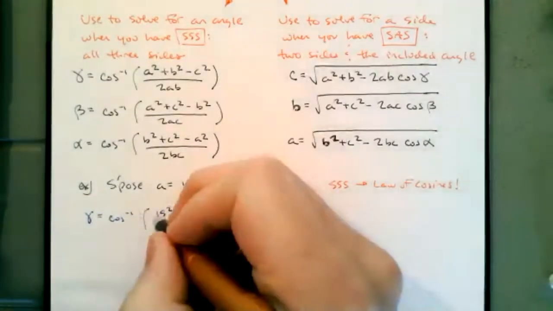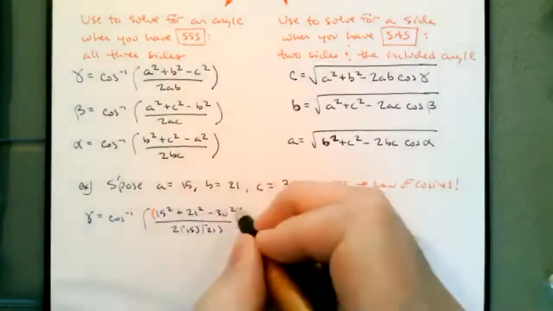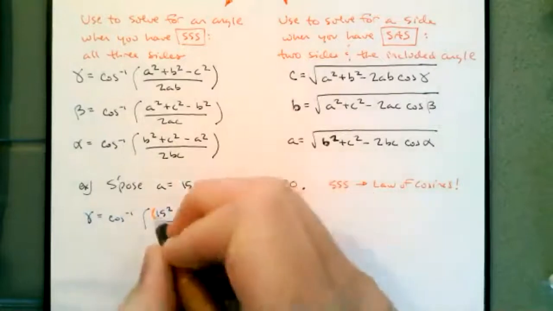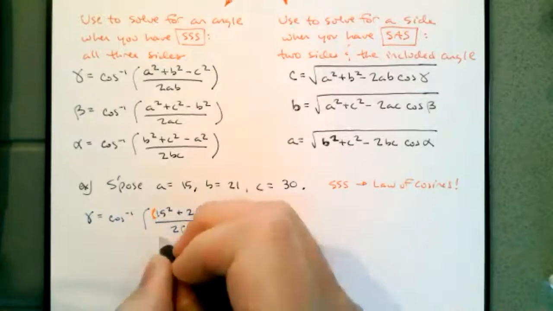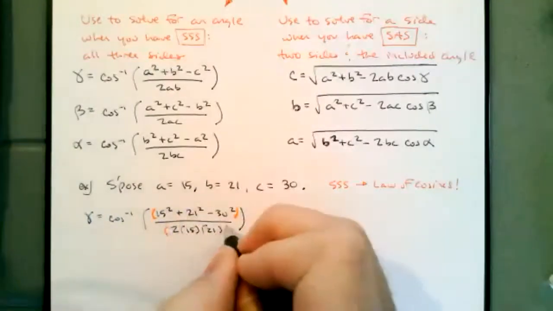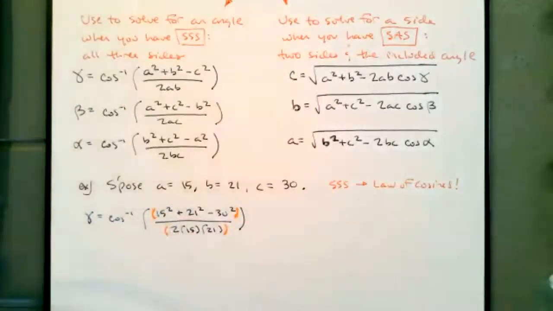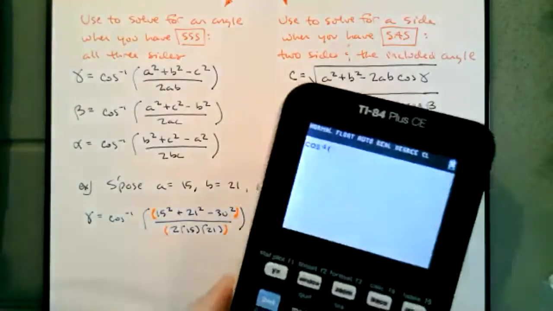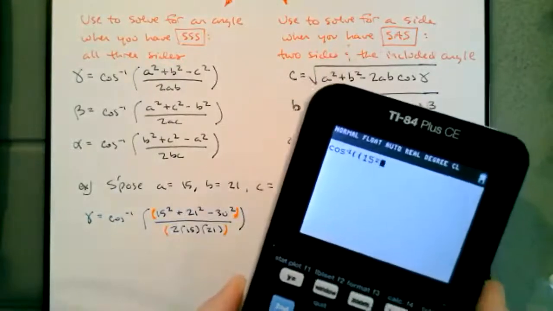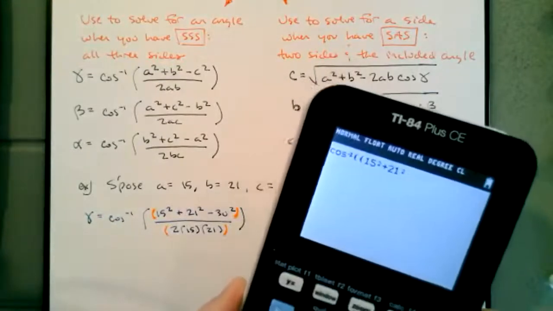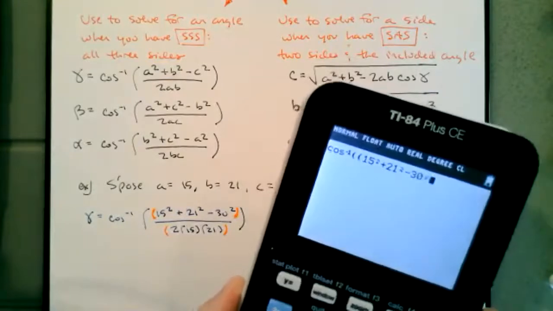I need parentheses around the numerator because I want to make sure I take this sum and divide it by this product. So I'll need parentheses around the denominator as well. So I'm going to do a cosine inverse of the numerator, which is parentheses 15 squared plus 21 squared minus 30 squared.